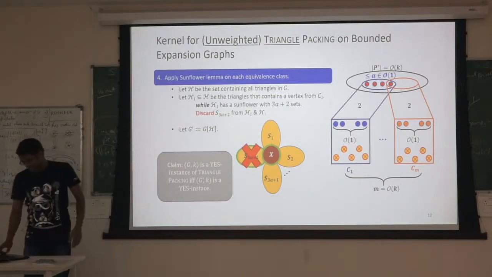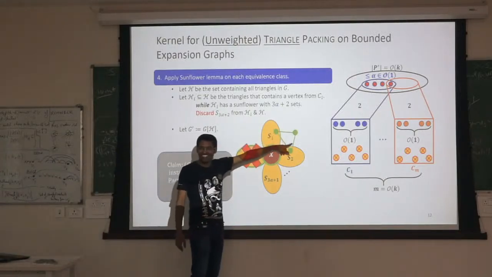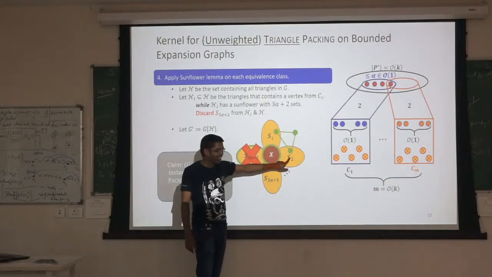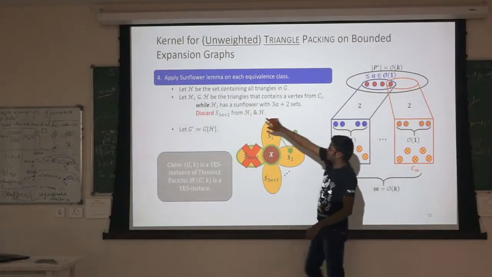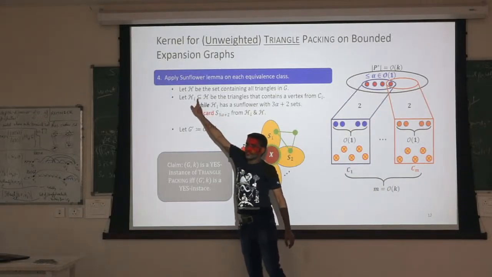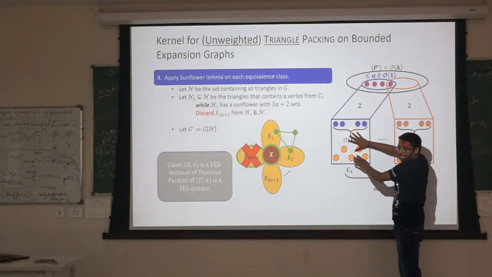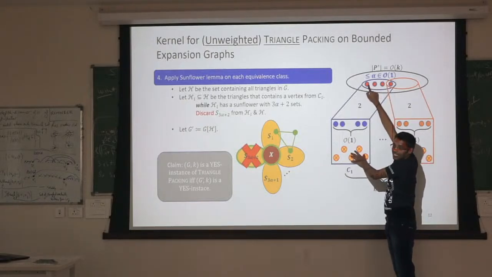Now since one triangle can hit at most 3 things, and you know the number of triangles with one equivalence class, note that we ensure that all of these are from the same equivalence class. This graph is triangle free, so one triangle from this equivalence class has to intersect with at least one vertex here.